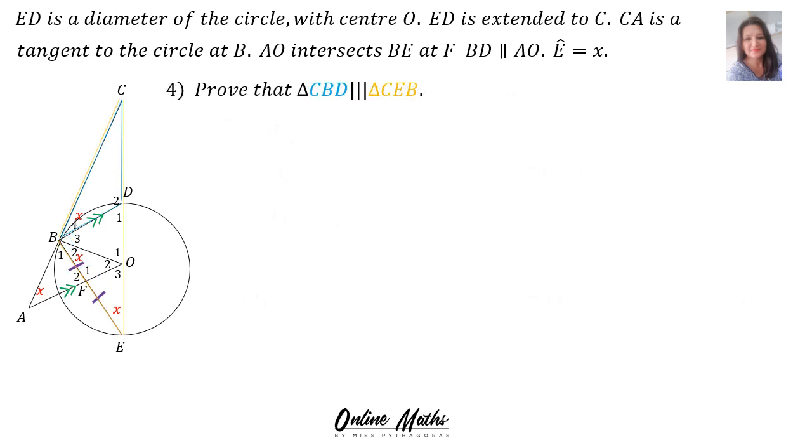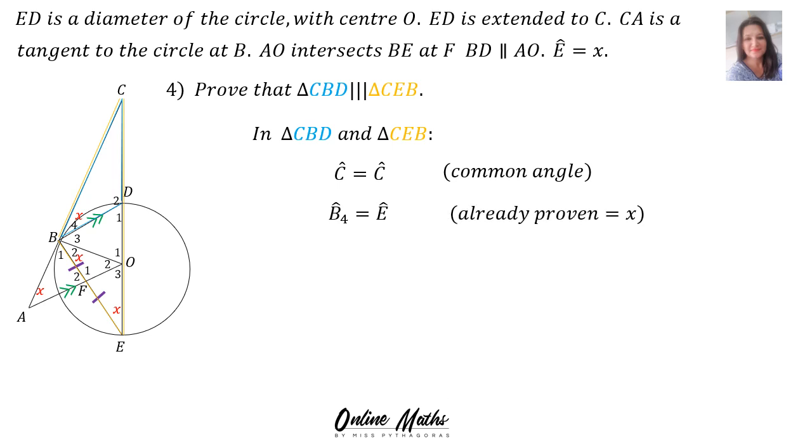Question 4 wants us to prove that triangle CBD, the blue triangle, is similar to triangle CEB, that big yellow triangle. So we can start by saying in triangle CBD, the blue one, and triangle CEB, the yellow one, angle C is the common angle, and angle B4 is equal to angle E, they are both equal to X, already proven.